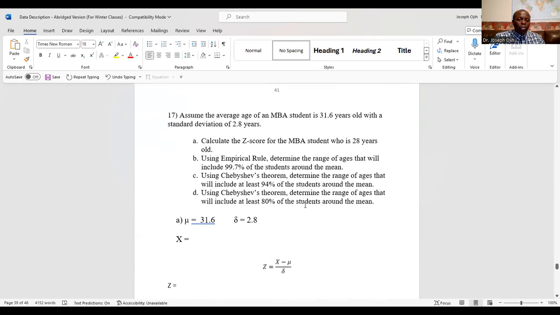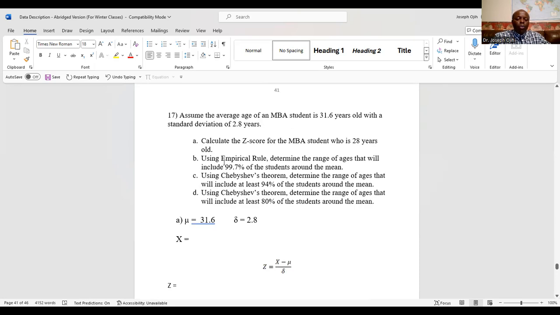The question goes this way. It says, assume that the average age of MBA students is 31.6 years old with a standard deviation of 2.6 years. Part A: calculate the z-score for the MBA student who is 28 years old.